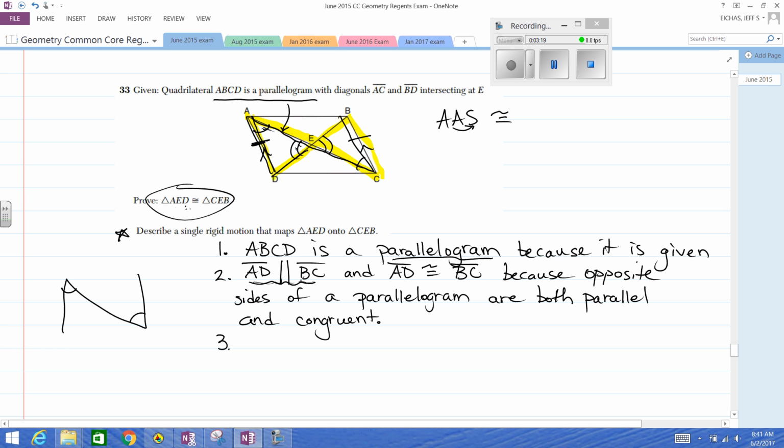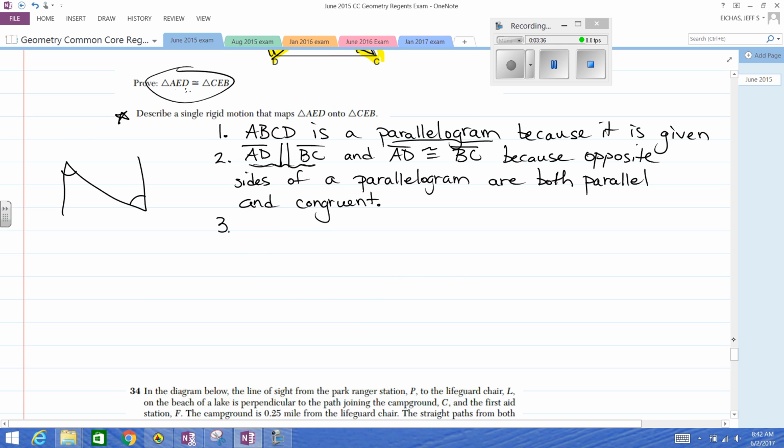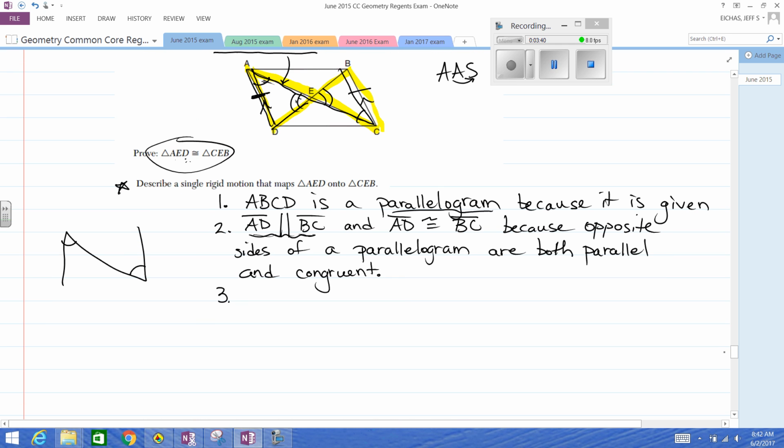Yes, parallel segments have slopes that are equal, but we don't have that as our justification. So don't say they're parallel because their slopes are equal. Can't prove that. Say they're parallel because opposite sides of a parallelogram are parallel and congruent. So let's fix that. Good thoughts that my students are having, but it's in the wrong place. Use that equal slopes idea when it's on a graph and you've calculated the slopes.